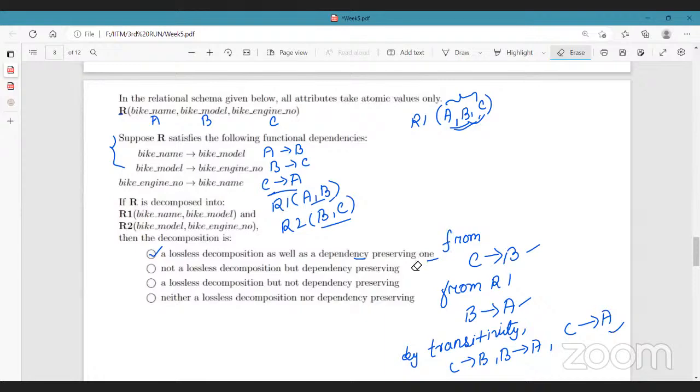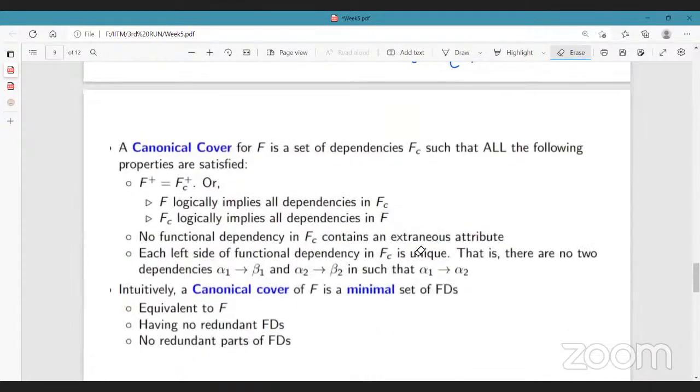Okay, so now we'll head to canonical cover. A canonical cover for F is a set of functional dependencies FC such that all the following properties are satisfied. The first property is that F logically implies all dependencies in FC, and FC logically implies all dependencies in F. Another property is that there should be no extraneous attributes in the functional dependency.